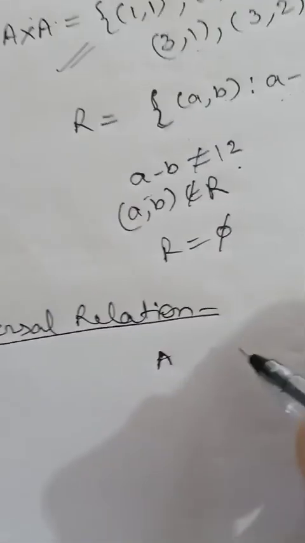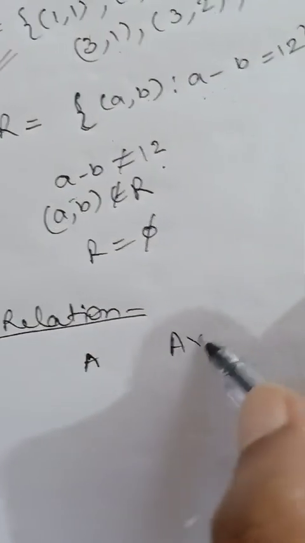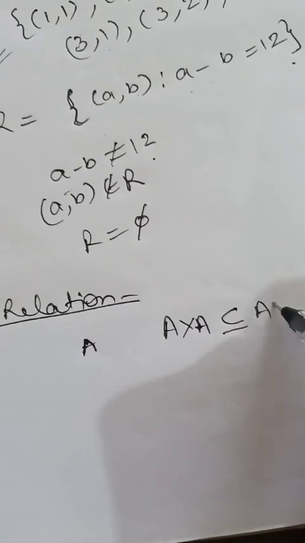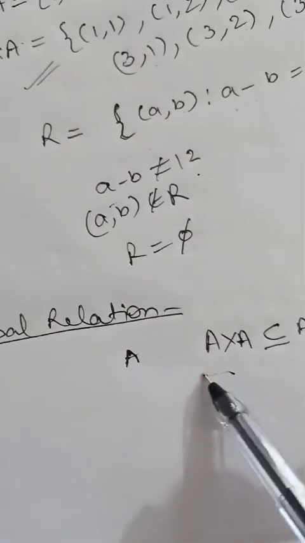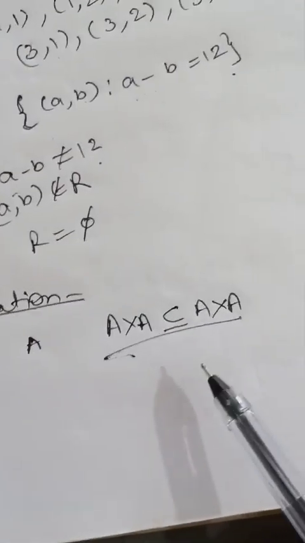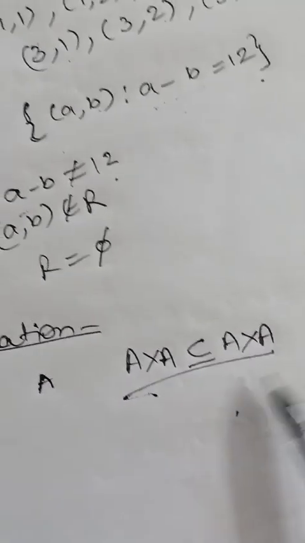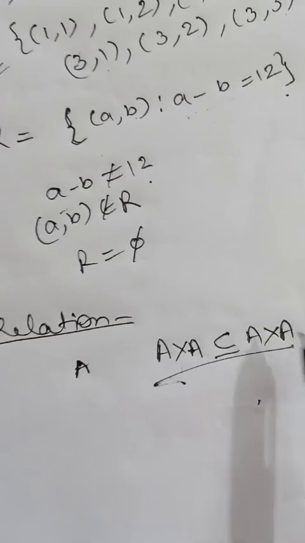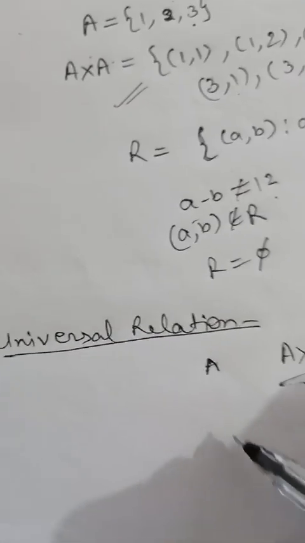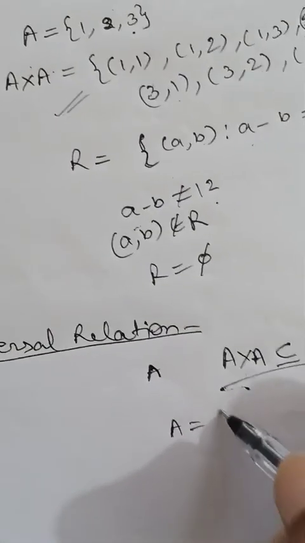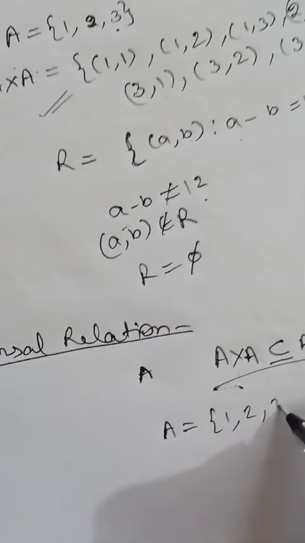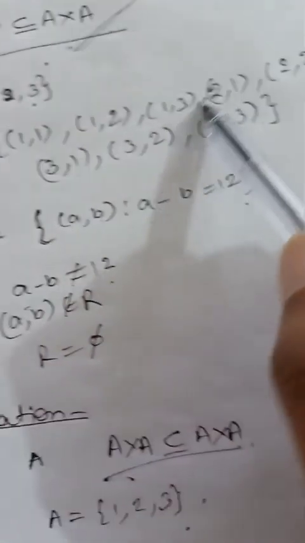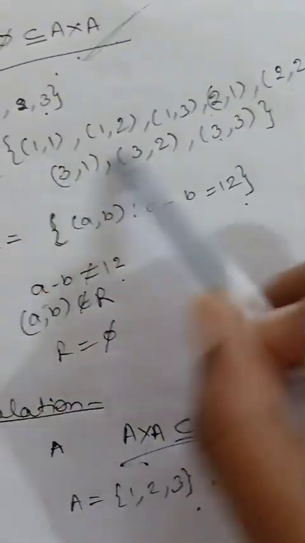Then in this case, A cross A subset A cross A. This relation is known as a universal relation. Now to explain this relation, we can take another example. Let A be the set 1, 2, 3. ठीक है. So A cross A is what? You have already seen it here. This is the A cross A.